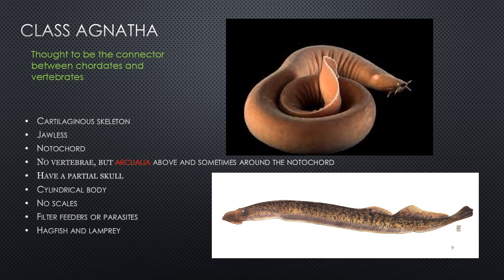They do have what's called arcualia, and that is above and sometimes around the notochord, so that kind of helps protect that notochord. They have a partial skull, but not a full skull, and they have cylindrical bodies. Like I said, no scales. They can be either filter feeders or parasites. So this top one is a hagfish, and the image on the bottom is a lamprey. Those are the two that fit into our class Agnatha.